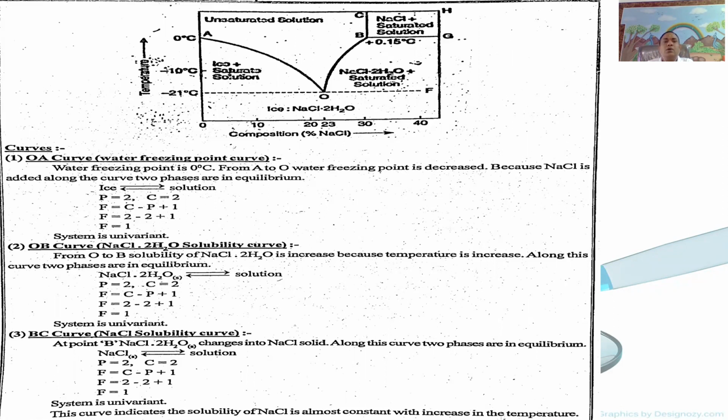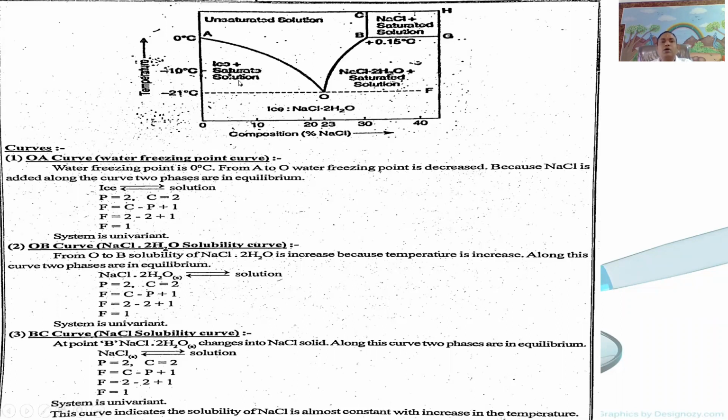The number of degrees of freedom required to explain any one phase of the sodium chloride water system based on the reduced phase rule: P plus F equals C plus 1, F equals C plus 1 minus P, whereas 2 plus 1 minus 1 equals 2, that is temperature and composition. Plot the graph between temperature and composition, meaning temperature is taken on the y-axis and composition is taken on the x-axis. The obtained diagram is called the phase diagram of the salt water system.